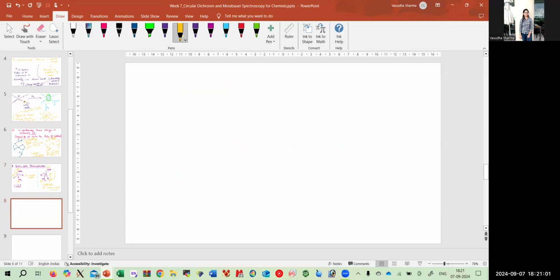So racemic mixture means that we are having both L amino acid in equilibrium with D amino acid, or both are present in 50% population.